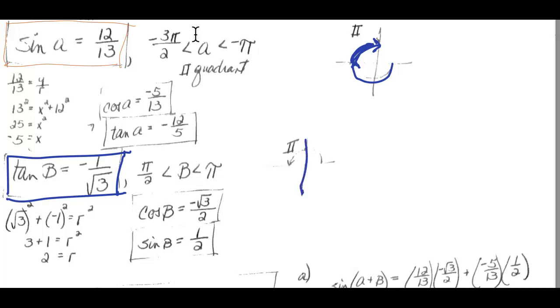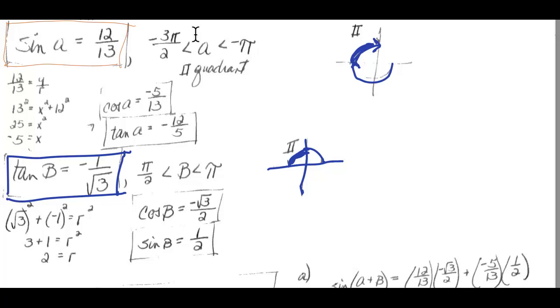Pi over 2 would be here, and pi, so the angle beta has to be in the second quadrant. That's some information that we need to remember as we're working on these problems.